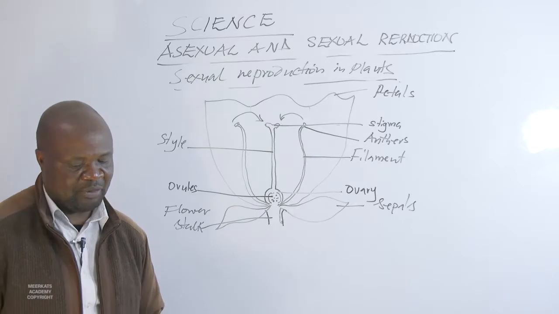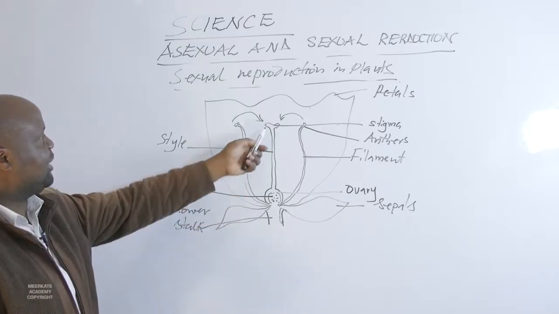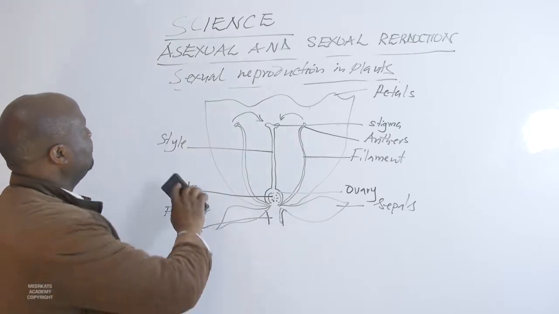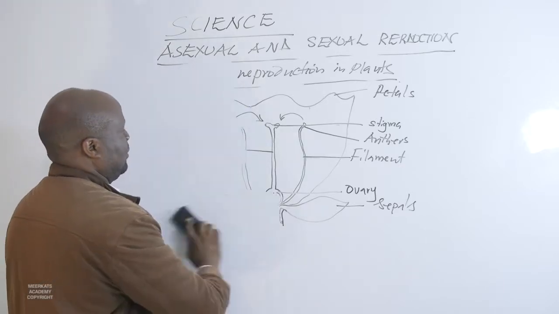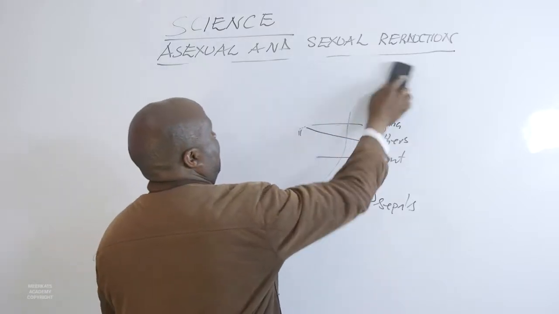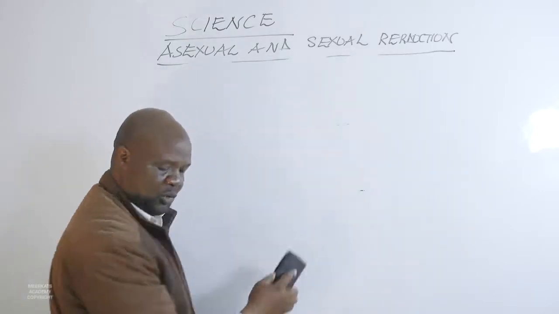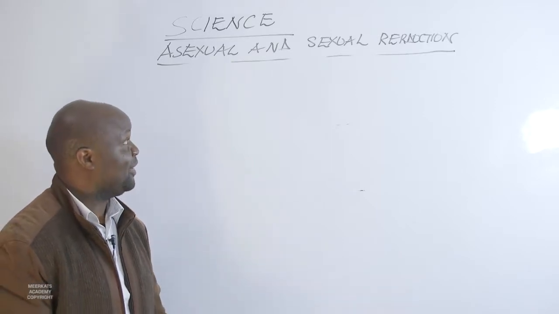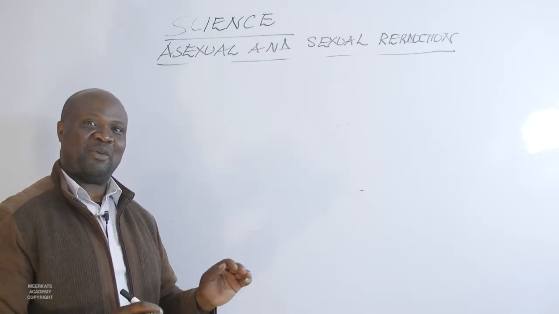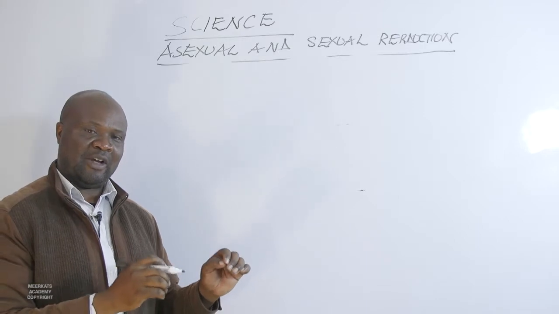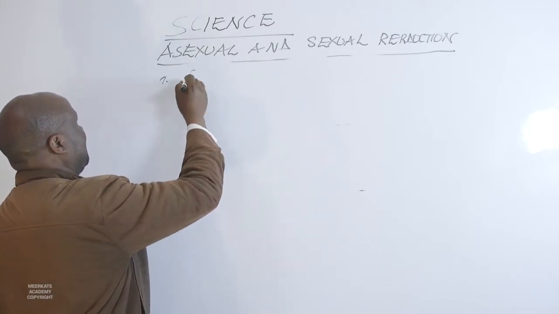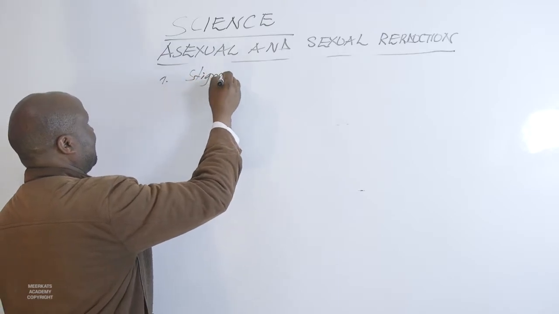Maybe we shall start with the stigma. The stigma functions, it receives the pollen grain. So we have seen the diagram of a flowering plant, and we can remember some of the parts we had mentioned, the stigma.